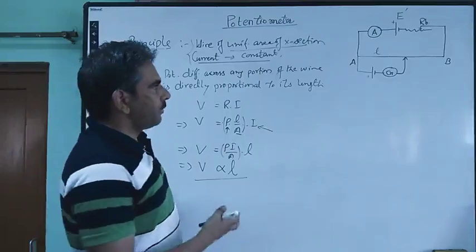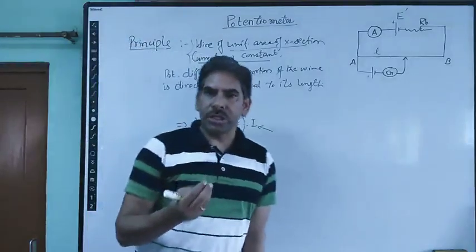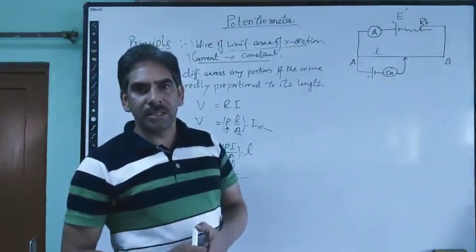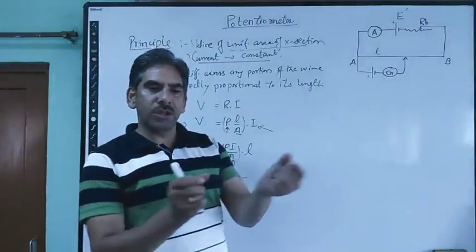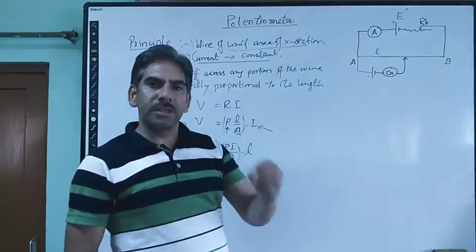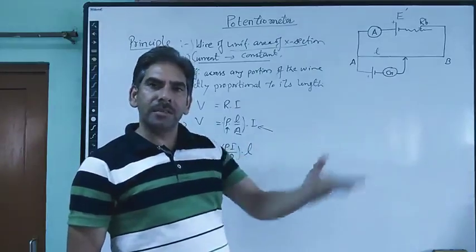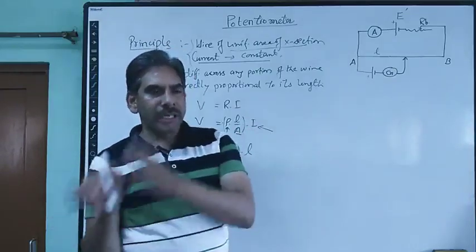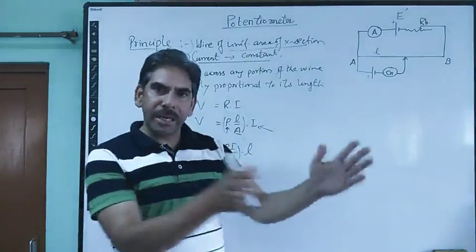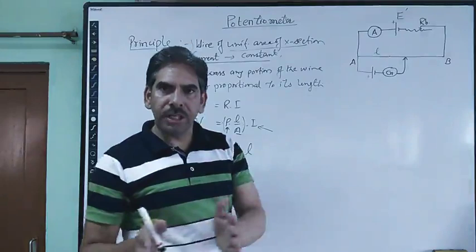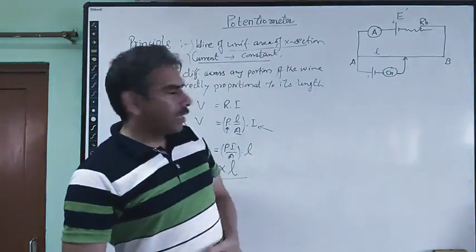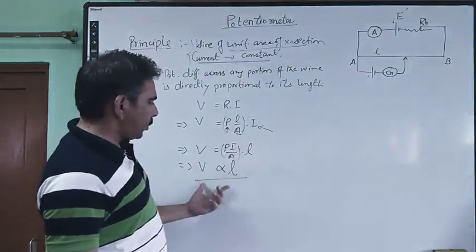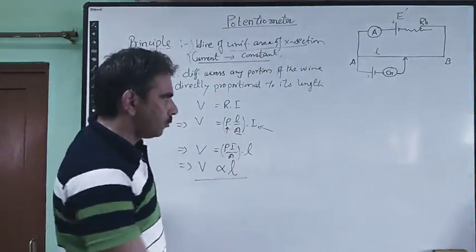Whenever we have a wire of uniform area of cross section through which a constant current is passing, the potential difference across any portion of that wire, at any location, on one side, on the other side, or anywhere in between, will always be directly proportional to the length of that portion.